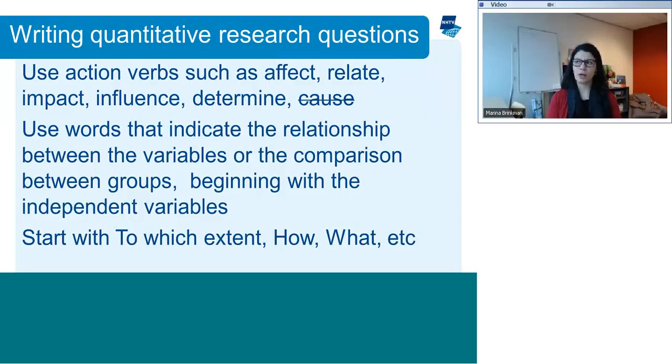Think of all the conditions that you have to control in order to be able to talk about cause and effect relationships. So in real life, we talk about correlations as we cannot possibly eliminate all other possible factors of influence. So you are also going to use those words which indicate relationships. And most probably you will start your questions with words like to which extent, how, what, etc.